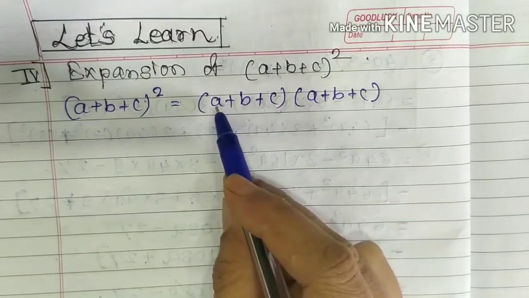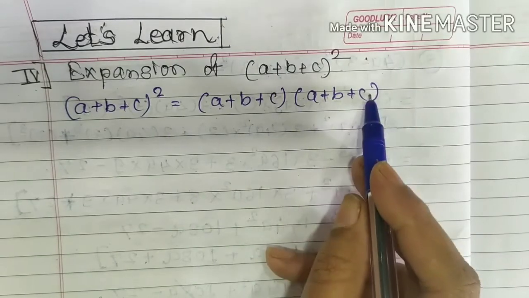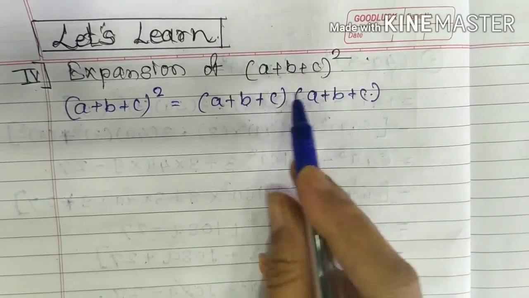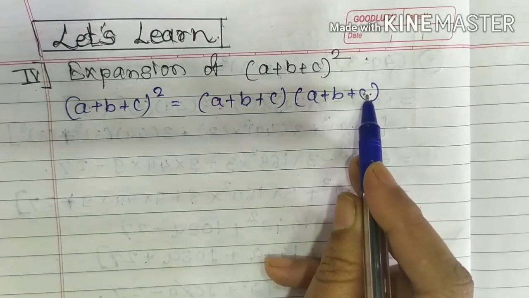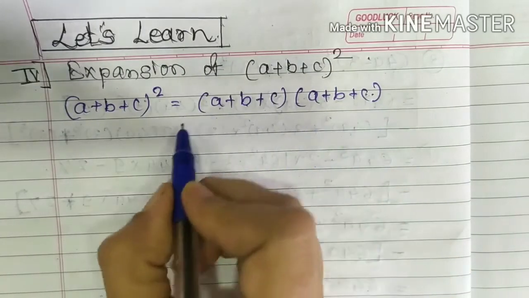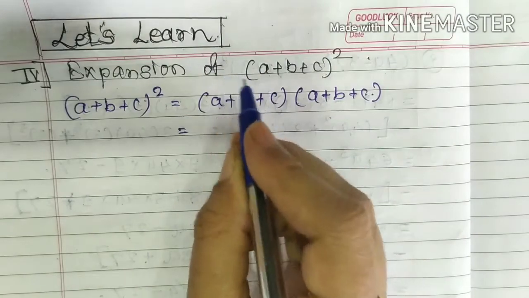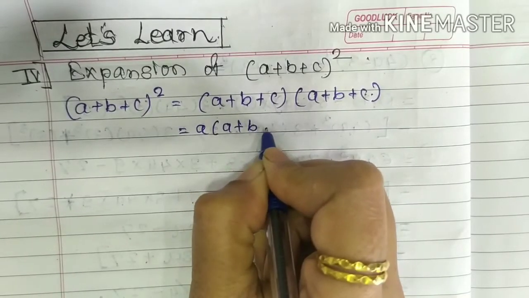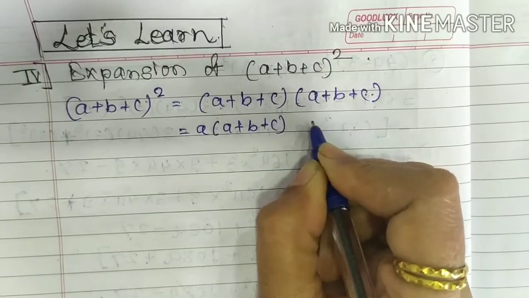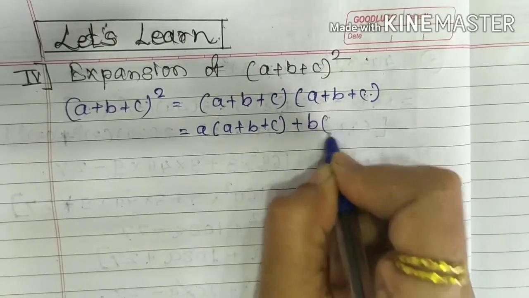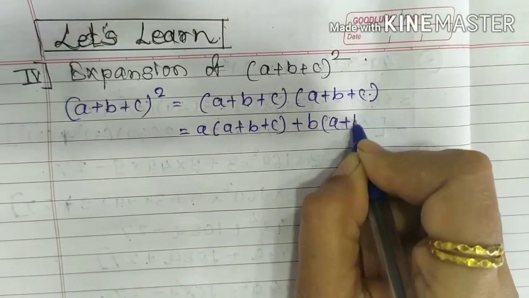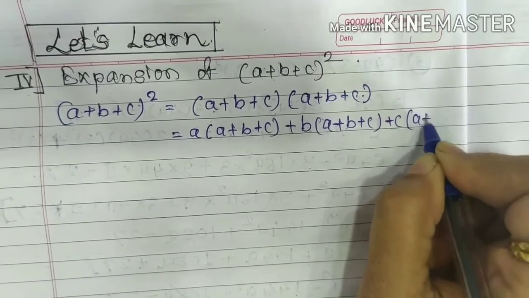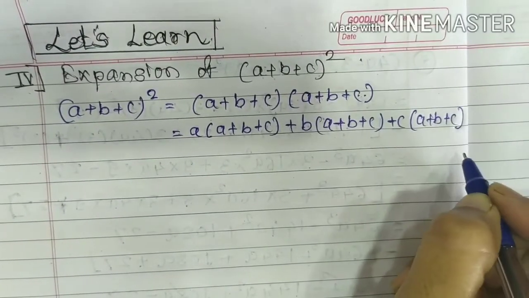Here, this a multiplies all of these terms in the bracket, this b multiplies all of these, and this c also multiplies all of these. Let us multiply a in bracket (a + b + c), plus b in bracket (a + b + c), plus c in bracket (a + b + c), bracket complete.